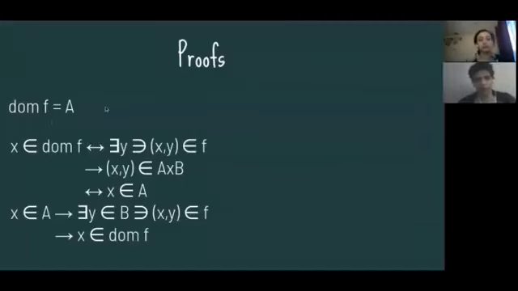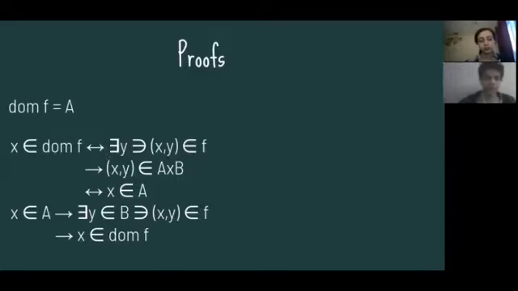Okay, so for the first theorem, that the domain of f equals A, we start in the standard way: we assume that there is an arbitrary element x belongs to the domain of f. From the definition of domain that we just gave, this implies that there exists a y such that xy belongs to f.